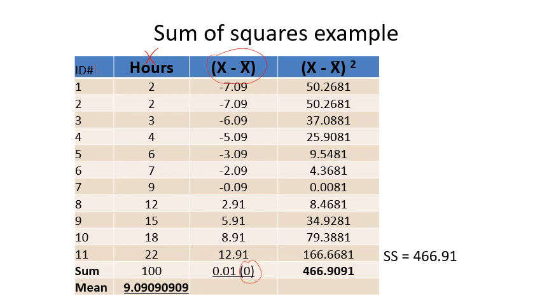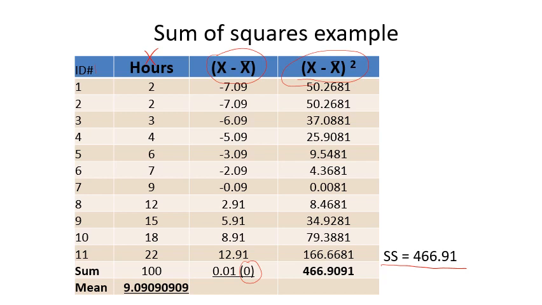But if you square each of the deviations and then add all of them together, you get a sum of squares of 466.91. What does this 466.91 mean? It doesn't mean anything. It just means that the sum of squares is that. It's not a value that we can use directly to interpret the variability.